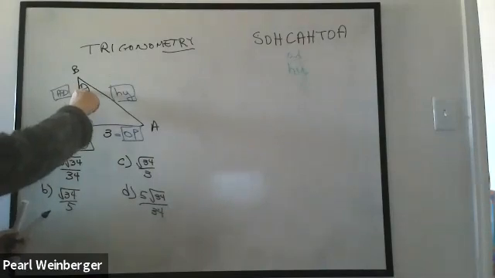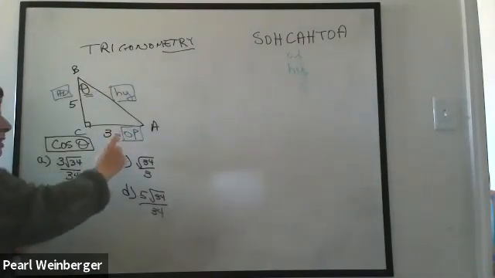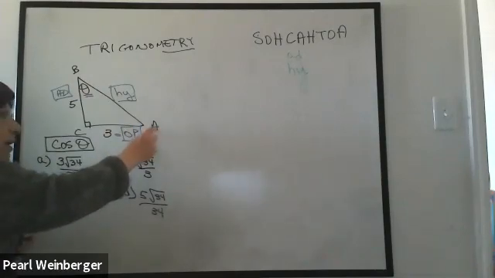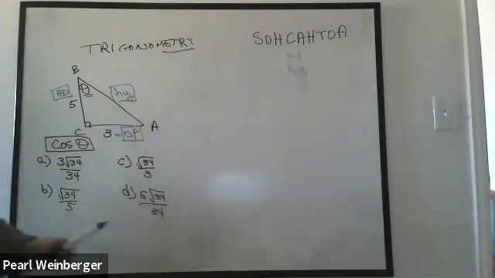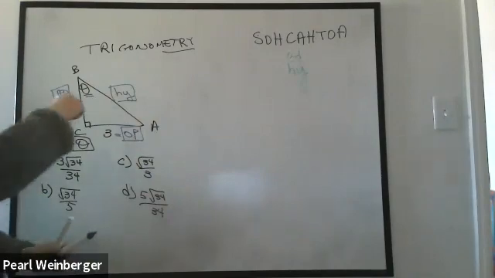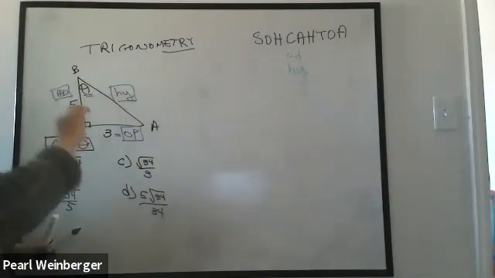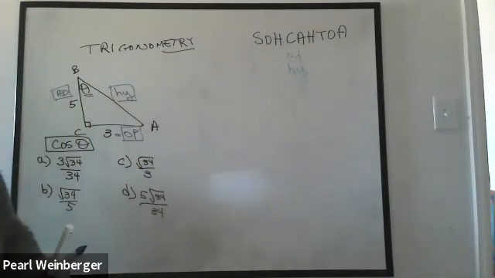This is the theta that they're looking at. The adjacent is over here when your angle is A. Adjacent means next to. This is the opposite, and adjacent can switch depending on what angle you're looking at.